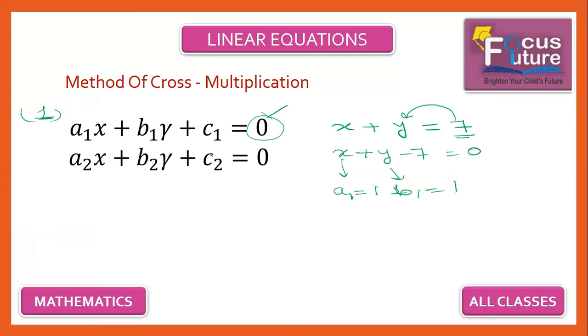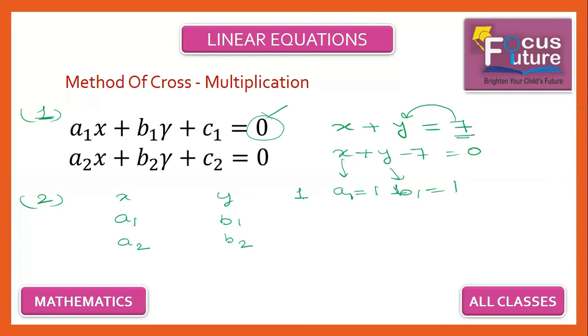Now, your second step would be to write it in the form of x, y, and 1. So with variable x, you have two coefficients a1 and a2. With variable y, you have two coefficients b1 and b2.